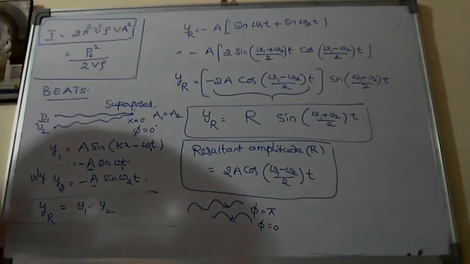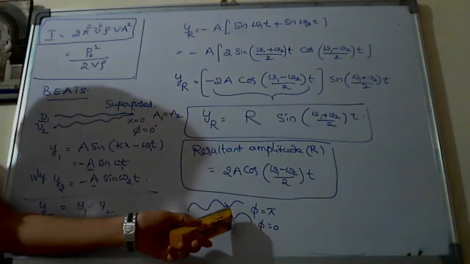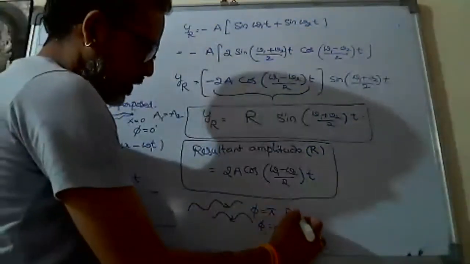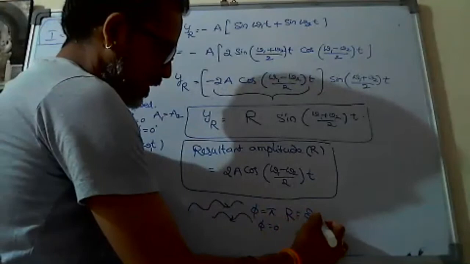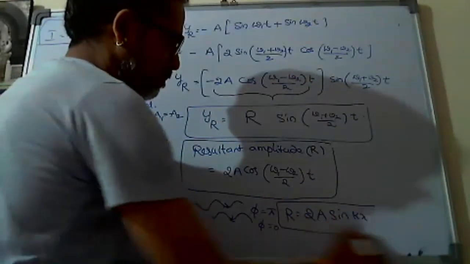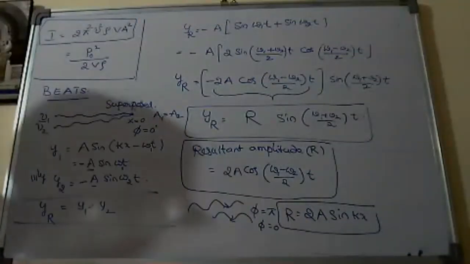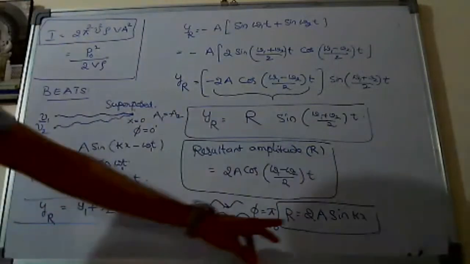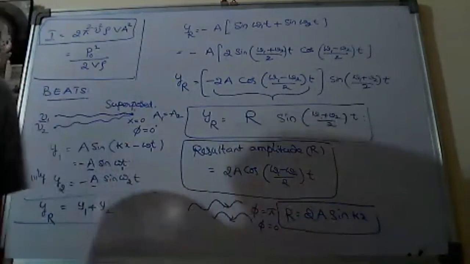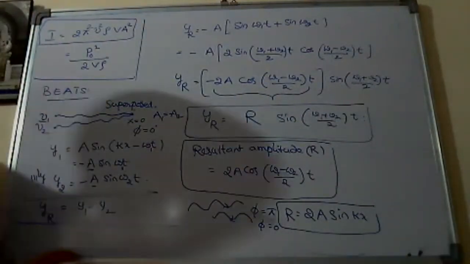And in the superposition of two waves to form stationary waves, I don't know whether you remembered, the resultant amplitude we got was 2A sin kx. 2A sin kx means the resultant amplitude changes with x, not with time.